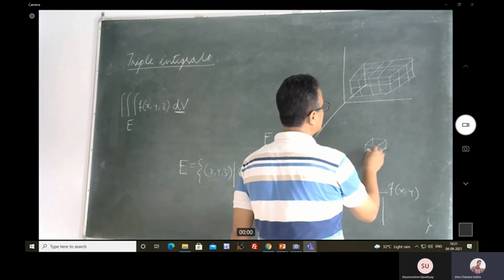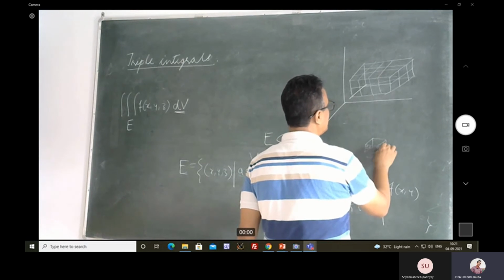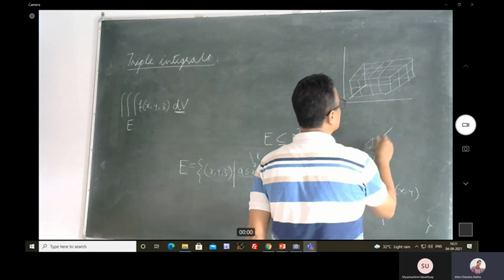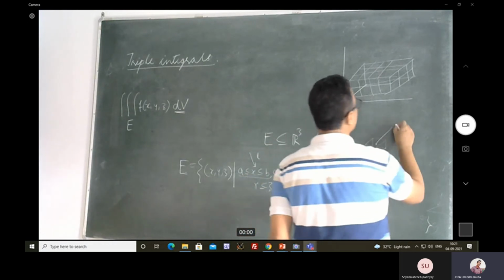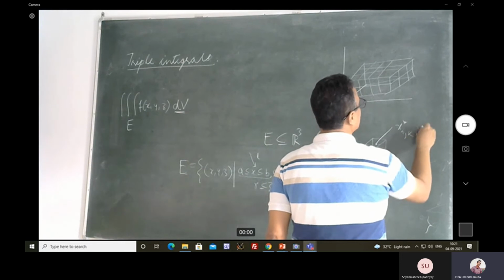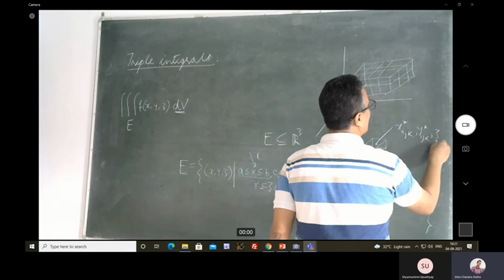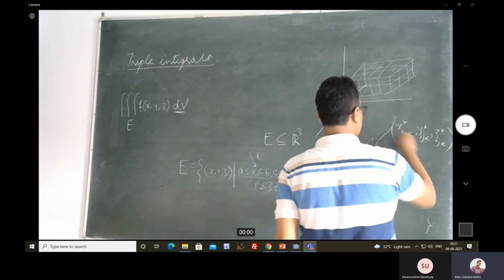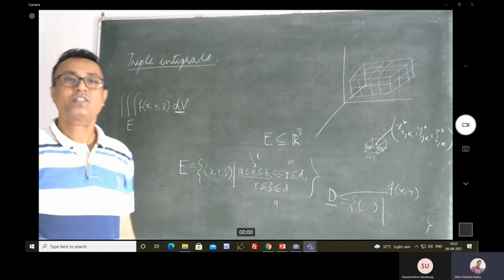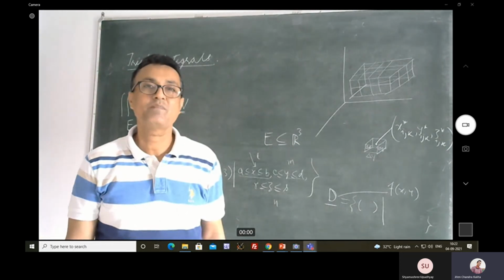We are going to assume that this box has dimensions delta x, delta y, delta z, and as before, I am going to consider a sample point, say x_ijk star, y_ijk star, z_ijk star, lying there, and then I am going to construct a sum. Okay, and that sum is going to be a Riemann sum.